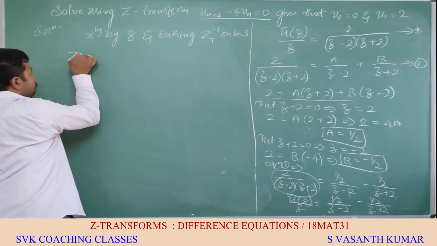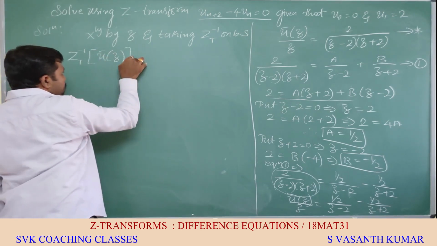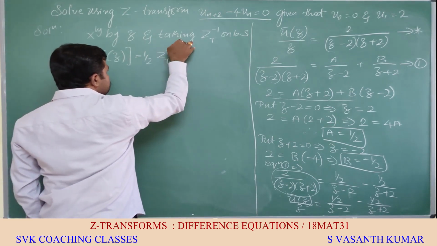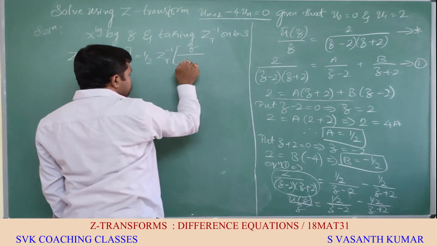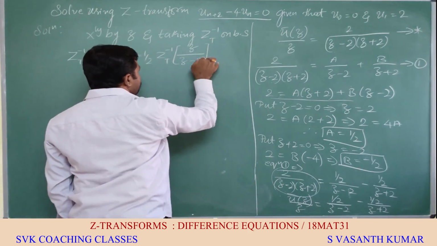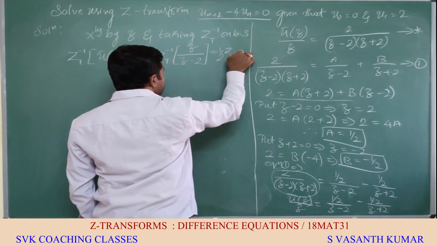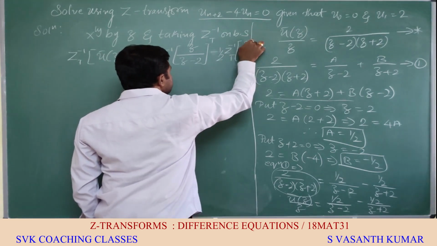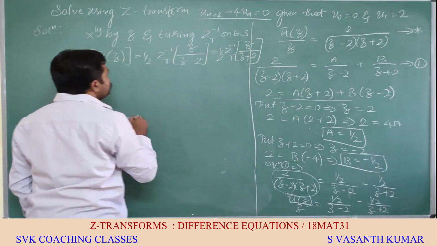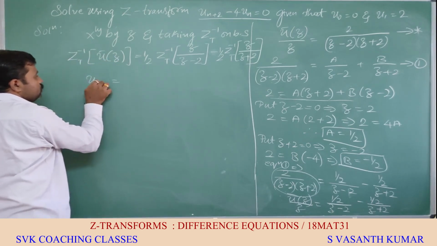ZT inverse of u bar of z is equal to 1 by 2, which is constant, times ZT inverse of z by z minus 2, as I am multiplying by z, plus minus 1 by 2, which is constant, times ZT inverse of z by z plus 2. Therefore ZT inverse of u bar of z is un.